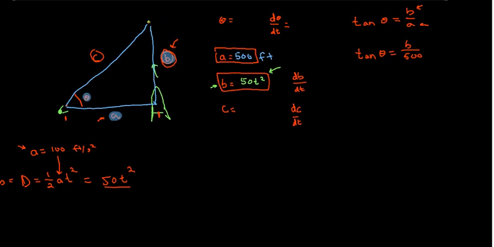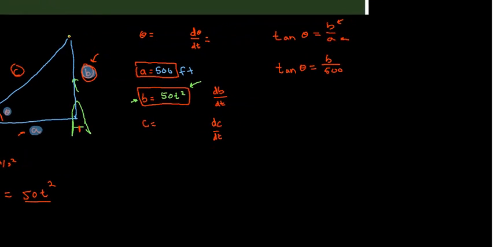So tangent theta right now. Tangent theta is equal to b, which is 50 t squared, over 500. We can simplify that even more, right?